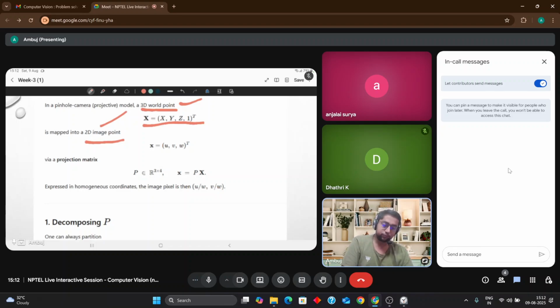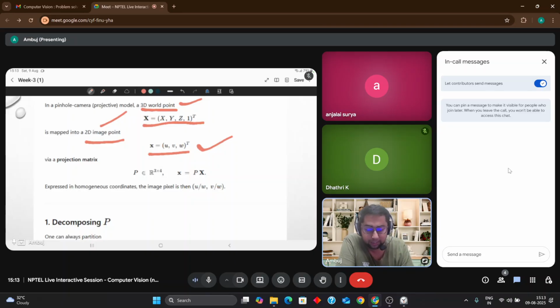Yeah. So in case of your 3D point, if you try to map it to a 2D image, it would be given by small x equal to (u, v, w) transpose. This we have already seen in our previous two weeks.